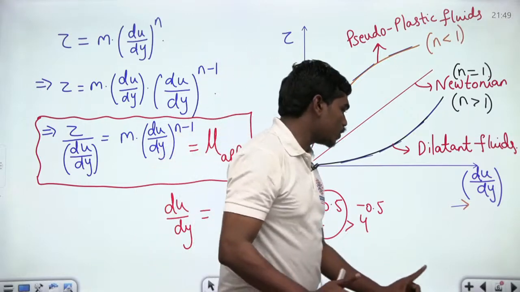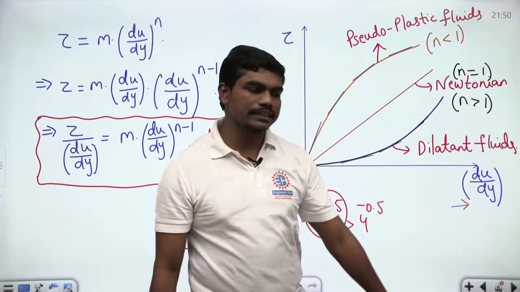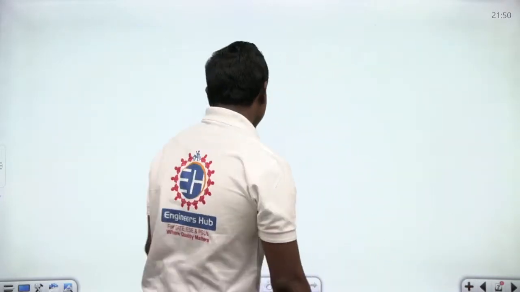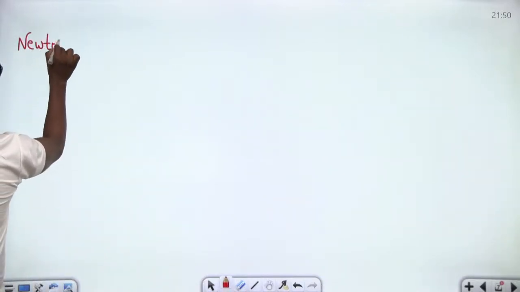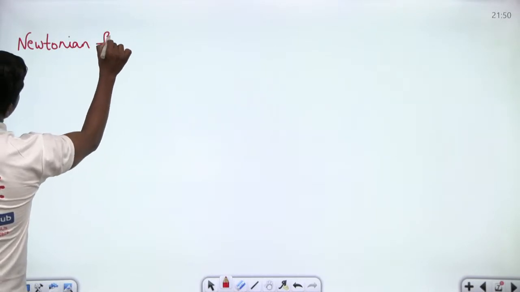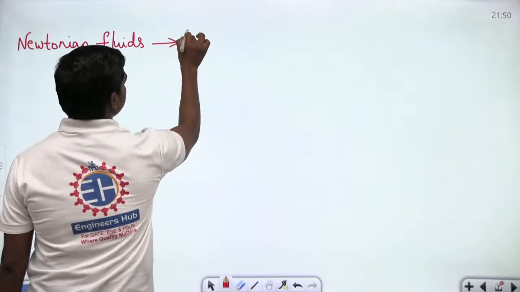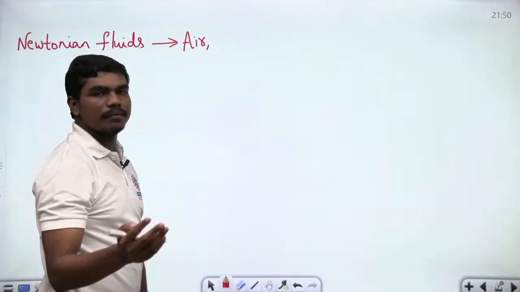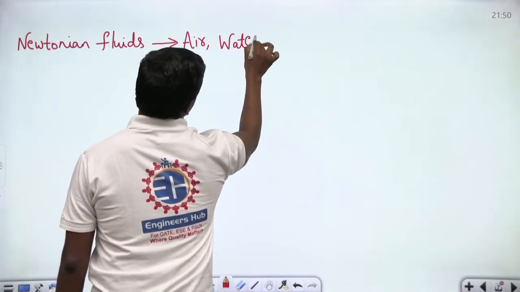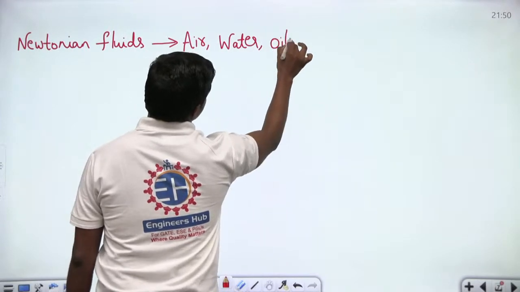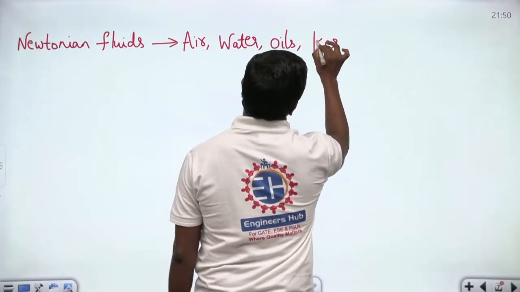Clear? Good. So now let us write some examples of these fluids, because a few times in exams they ask you for the examples as well. So see carefully. In case of Newtonian fluids, you can take the examples of air, whose dynamic viscosity is very low, and of course water, which you generally treat as a Newtonian fluid, and some oils that we deal with in general, and of course kerosene as well in this list.